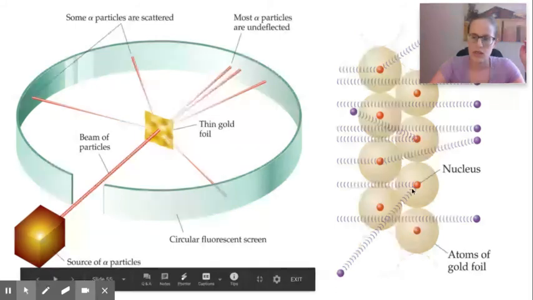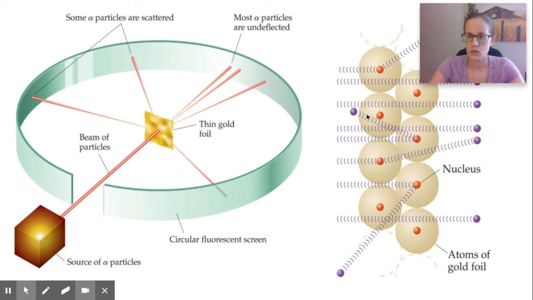When they do hit a nucleus, which wasn't very often because the nucleus is very small, they get deflected. Remember, that means that the nucleus is positive. And very rarely they would bounce straight back, meaning that that nucleus doesn't take up much space. Only very few of those alpha particles hit it straight on and bounce back.